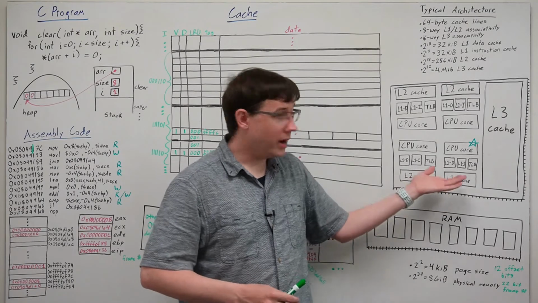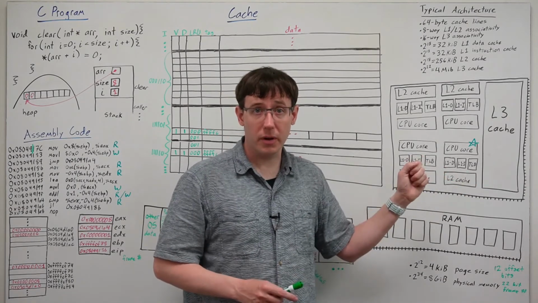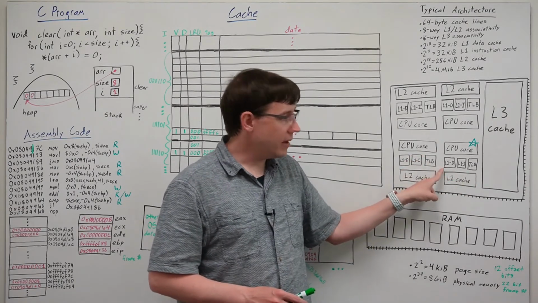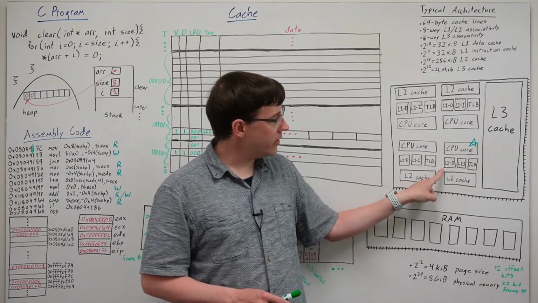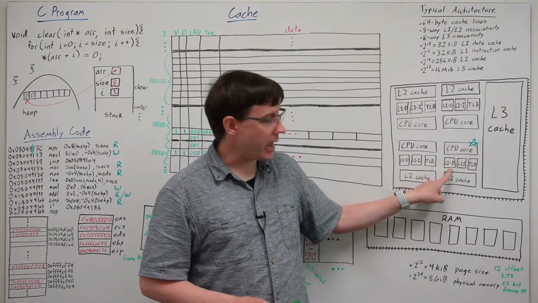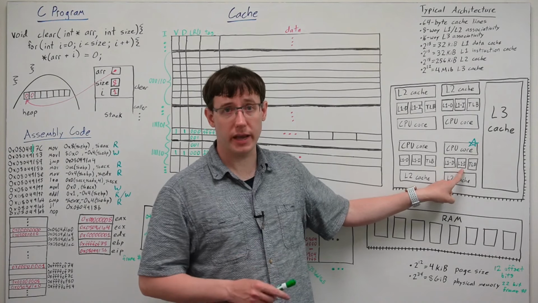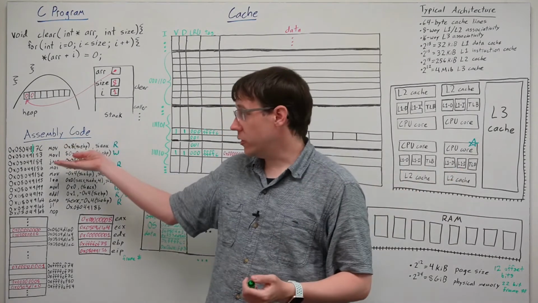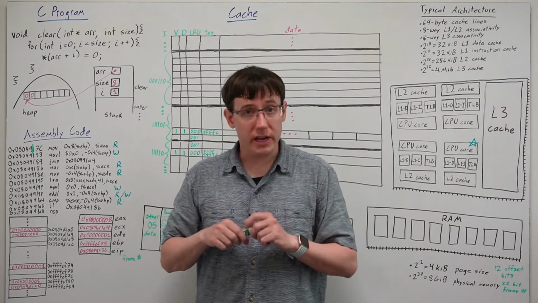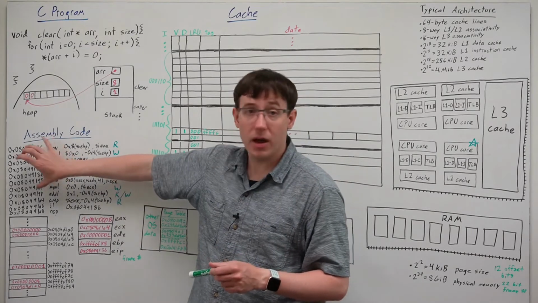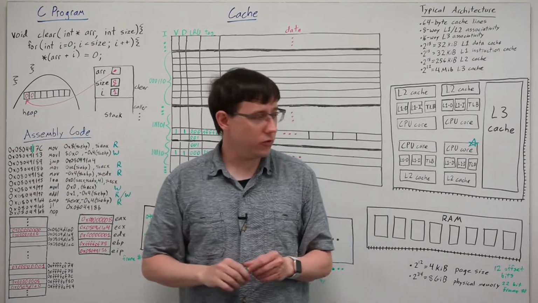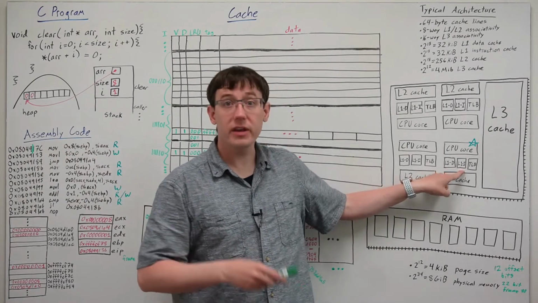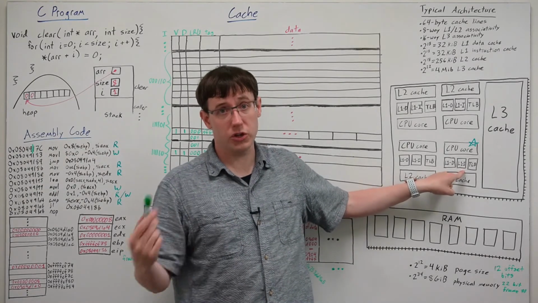Of note, in my diagram, as is typical on modern systems, the level 1 cache is split into a data cache and an instruction cache. And so when we are executing these instructions, we should expect that the block containing nearby instructions is present in the level 1 instruction cache.